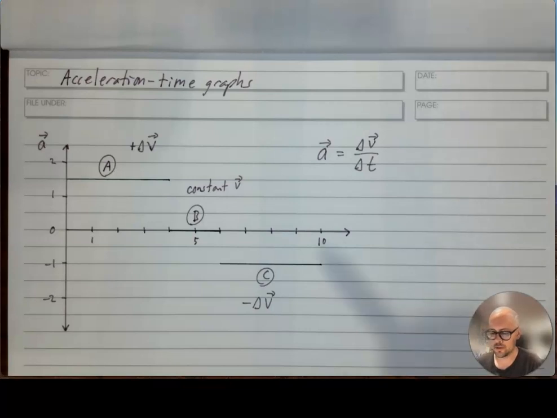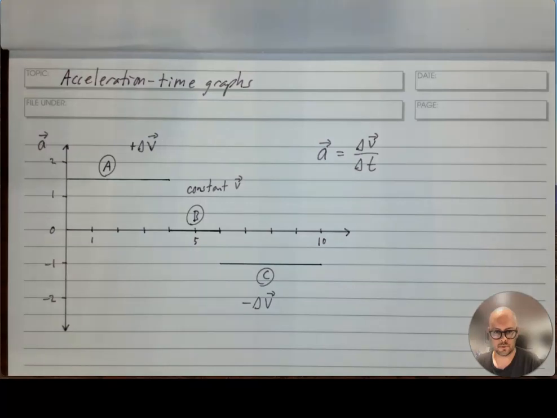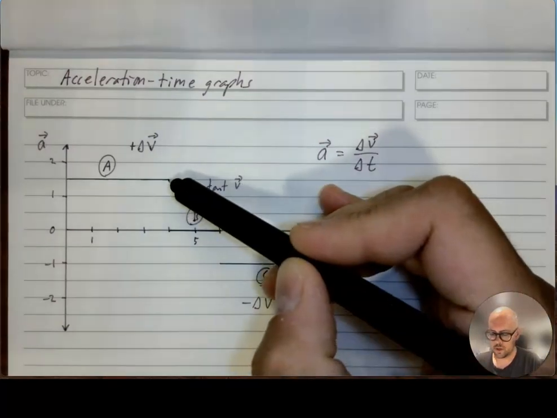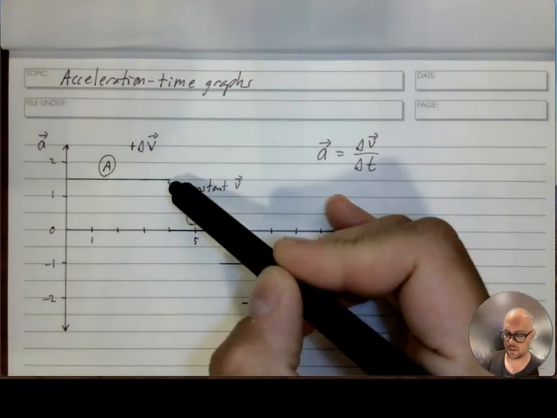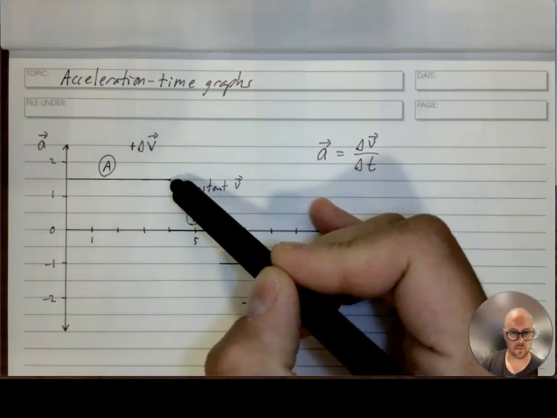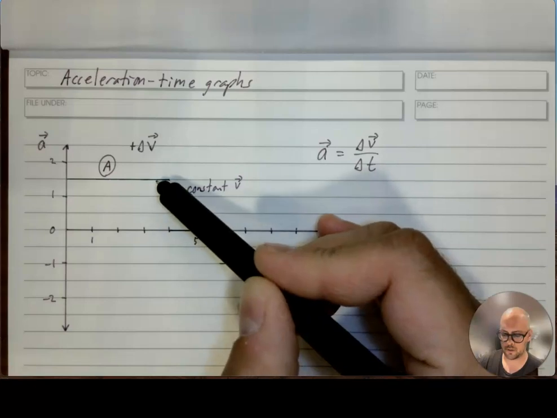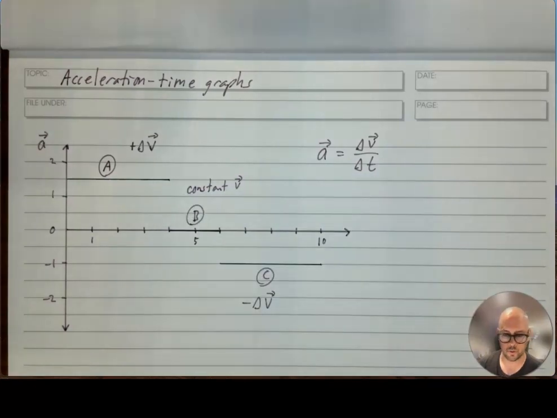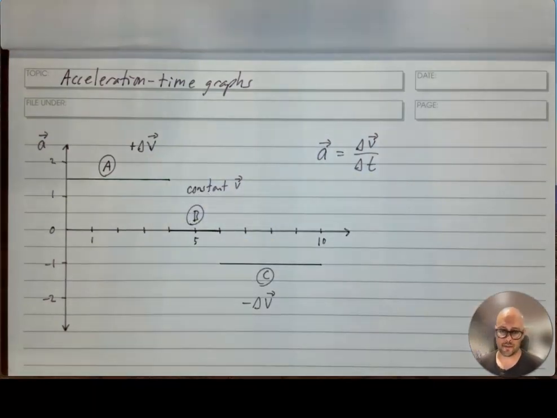The other thing you might notice is that this graph is not continuous. So you will commonly see acceleration versus time graphs just skip around, and that is more or less to avoid calculus, and therefore avoid reality. No object can go from an acceleration of positive 1.5 to an acceleration of 0 without having acceleration values of everything in between. So we use graphs that look like this when we do math to make our math easy.